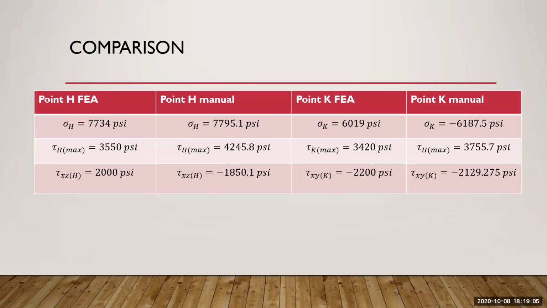And the ultimate goal of that is to determine the maximum weight that can be supported by the beam or by the shaft. And this is the end of the project.